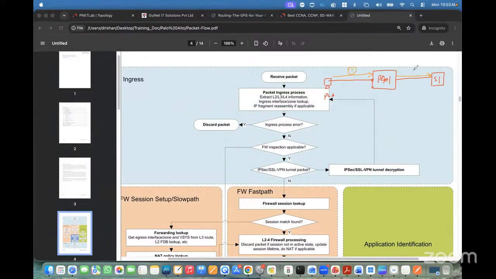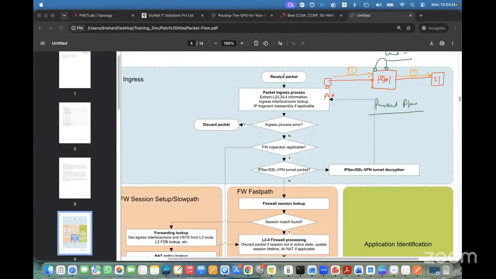In between, while the packet stays within the Palo Alto firewall, what action is Palo Alto going to take? How much time does it take the packet inside this firewall, and how is it going to treat that packet? That is what we are going to discuss in the packet flow.